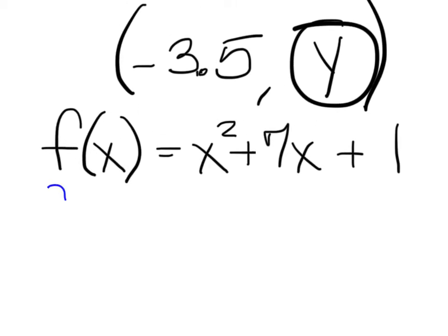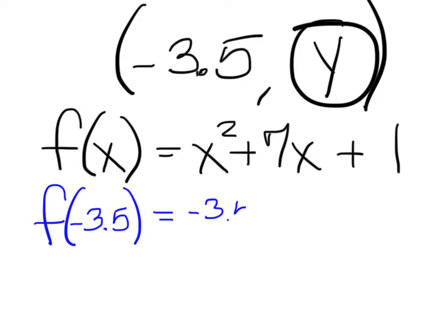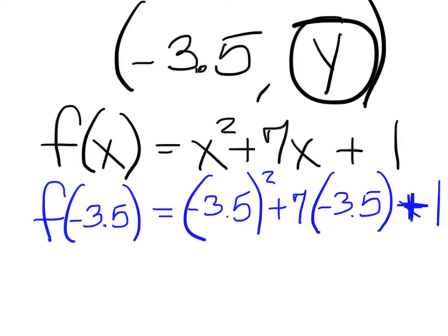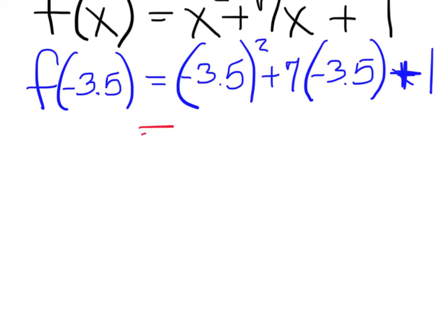So that means you're plugging in negative 3.5 everywhere you see an x in this expression. And that should be a plus sign right here, and then 1. In your calculator, you must find the quantity squared of negative 3.5.